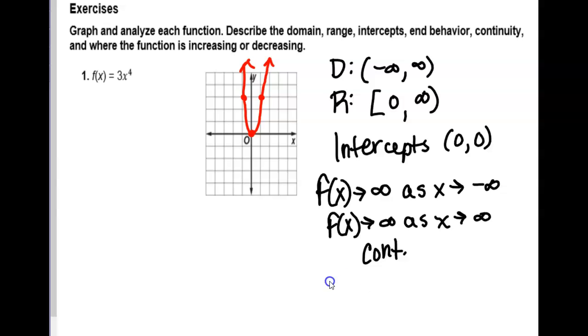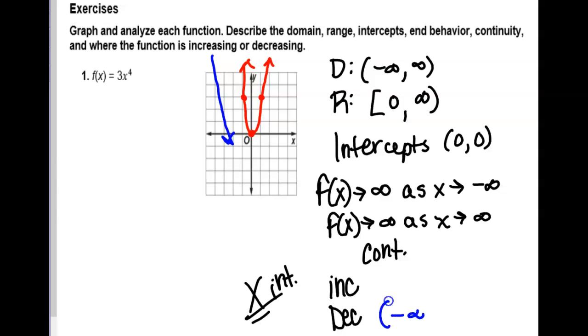Increasing, decreasing. It's doing both. And remember, these are X intervals where it's doing this. So what is the X value over here? When you start on the left, is that increasing or decreasing on that side? Decreasing from negative infinity until 0.